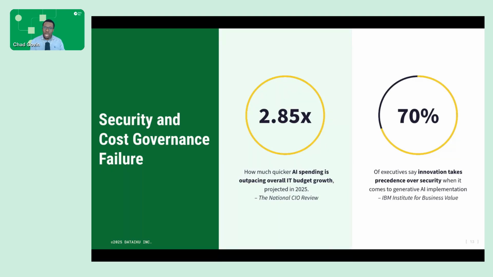This combination of unchecked spending growth and deliberate security compromises doesn't just threaten budgets, but creates vulnerabilities that could lead to data breaches and compliance violations, as well as AI and agents possibly going rogue. So the most successful organizations implement governance that provides visibility and protection while still enabling innovation.